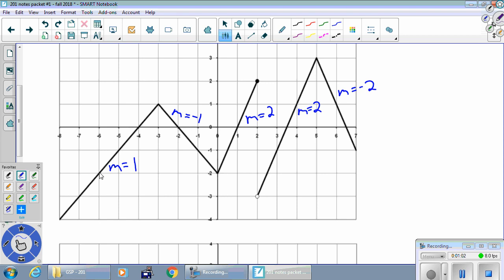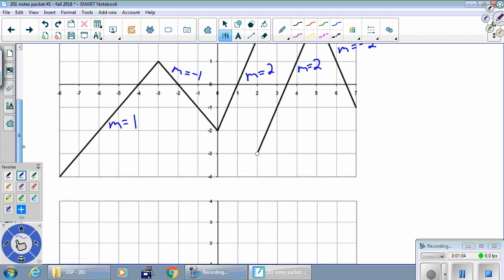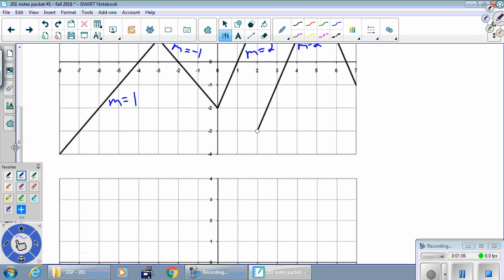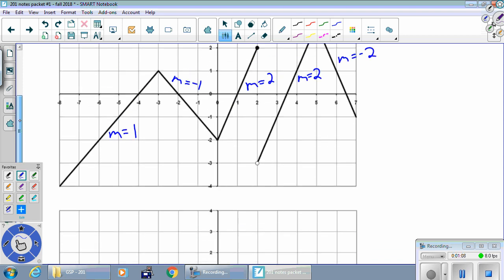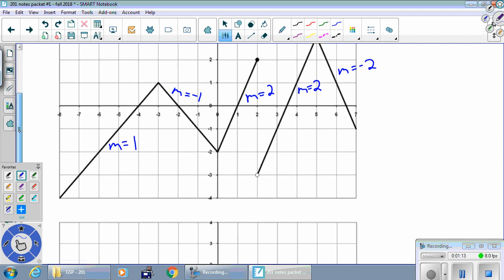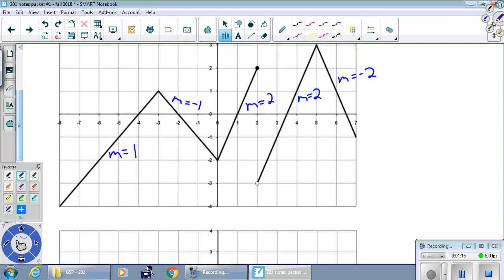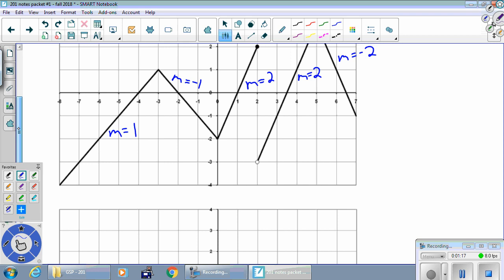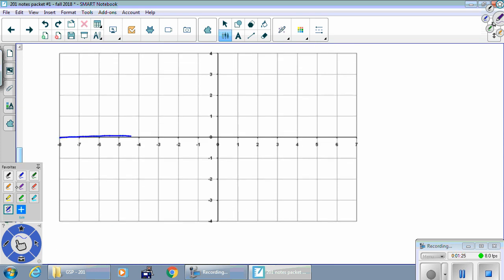Okay, so I'm going to graph those things accurately, but I'm not going to pay attention to the places where the rules change. I've got some corners and I've got some jumps here. So I'm just going to graph slopes of 1 from the beginning of time until -3.